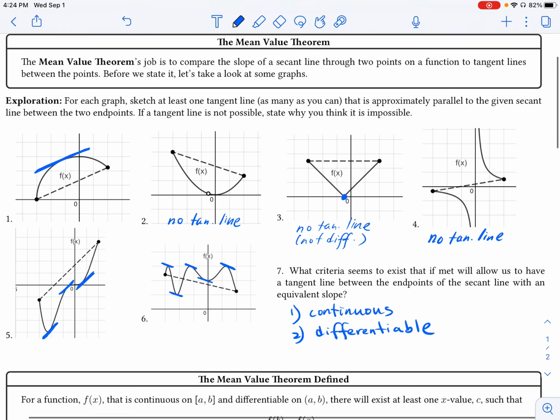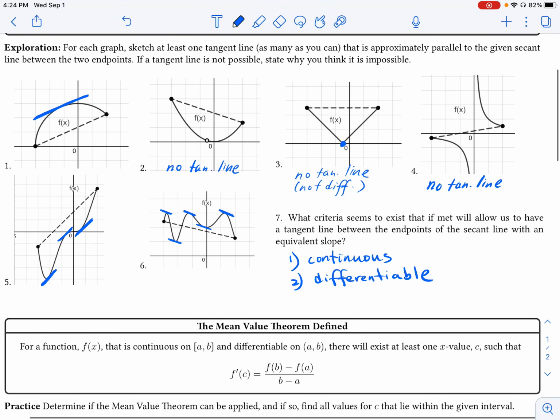So we can then say the following. Based on our exploration, we're able to start drawing some ideas.